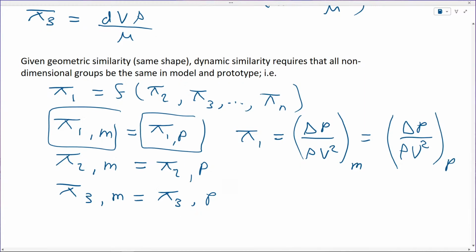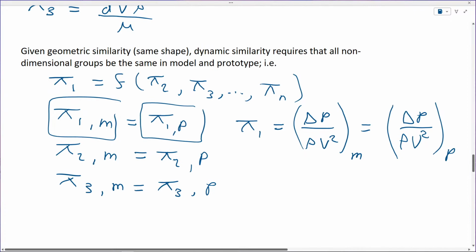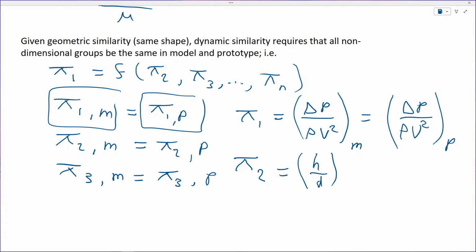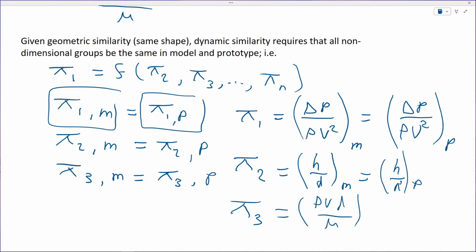Similarly, pi 2, h over d in my model, will be equal to h over d in my prototype. Similarly, rho V d over mu in my model would be equal to rho V d over mu in my prototype.